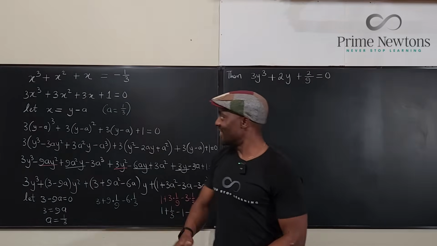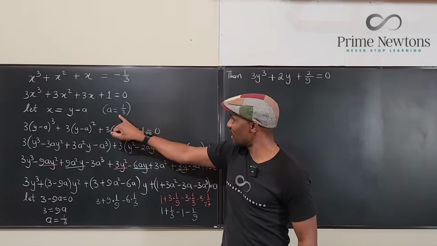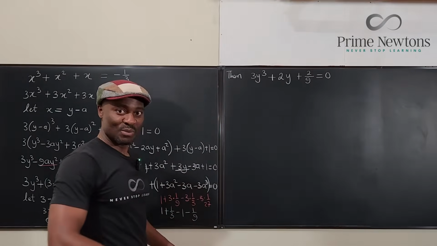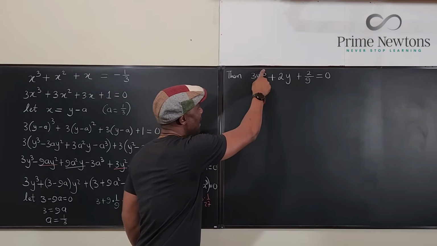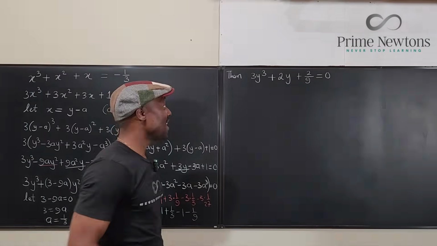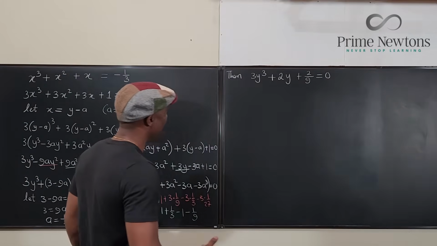So this crazy thing that we wrote here, because we chose the correct a, we have depressed the cubic, and now what we have is 3y cubed plus 2y plus 2/9 equals 0. And this is what Cardano says we could easily solve.